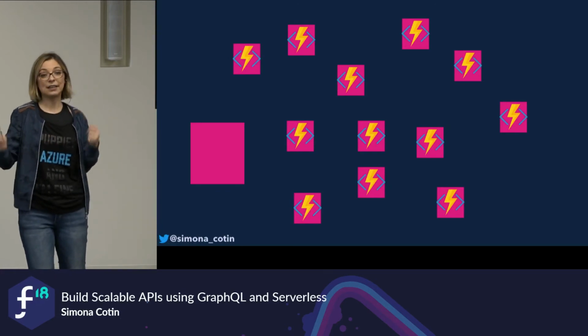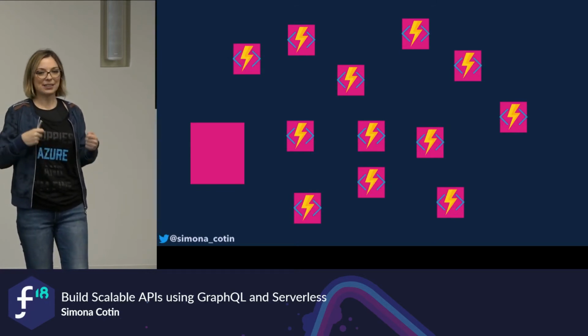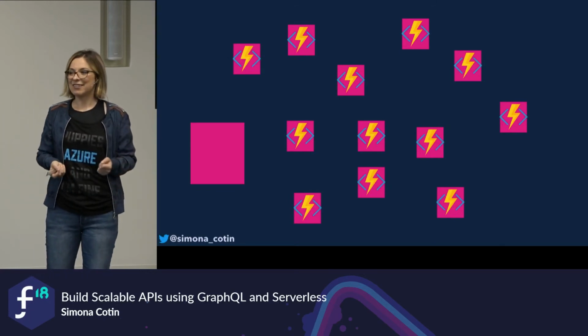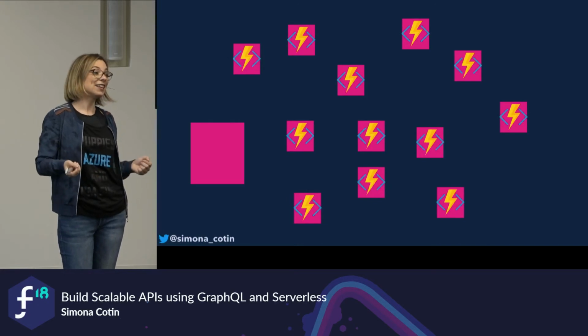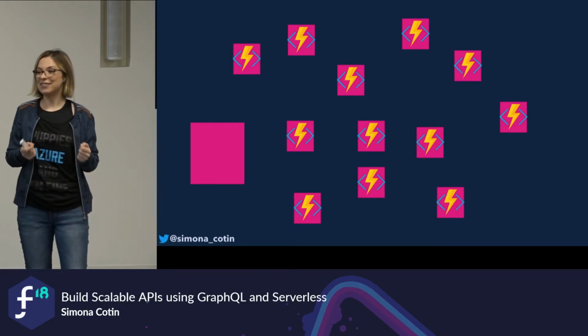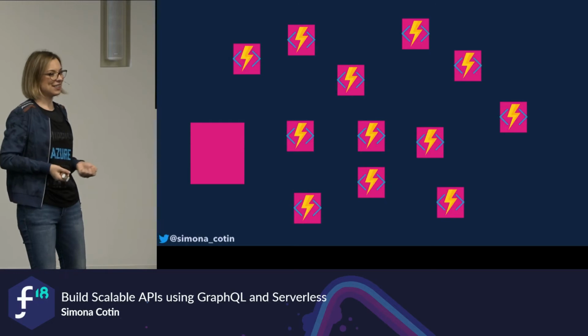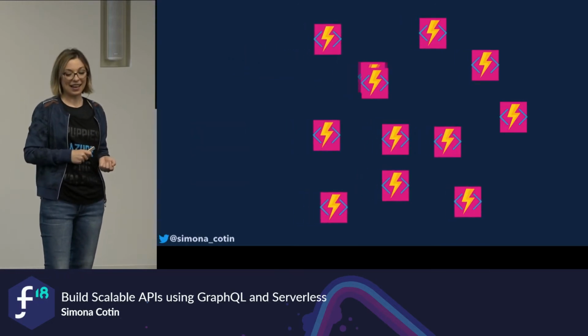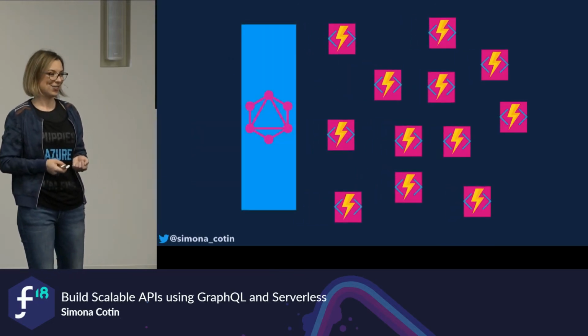We have started writing functions for everything, and sooner than later, we actually figure out that we have no idea how many functions we have, and we have no idea where they are and what they do. And that's where GraphQL can help us as well.